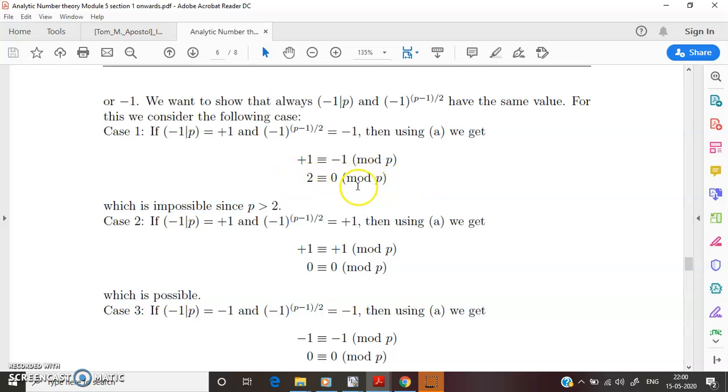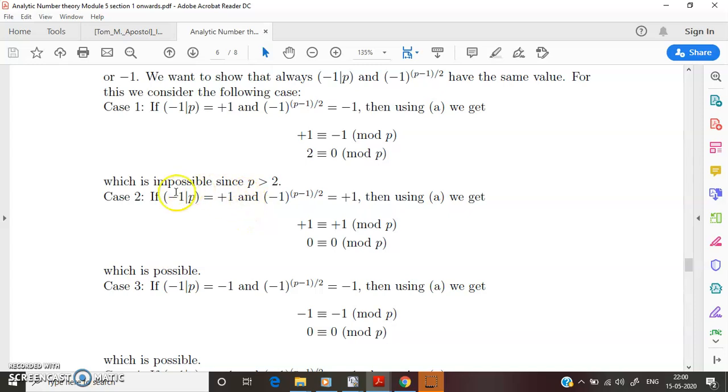This means p divides 2, but since p is greater than 2, this is impossible. So we cannot take plus 1 and minus 1.